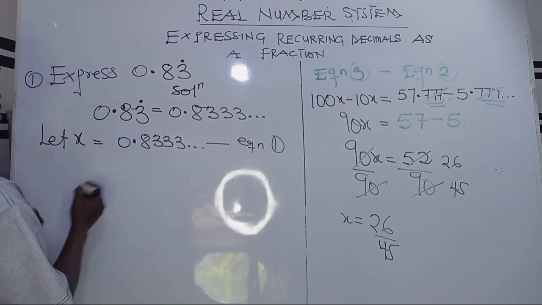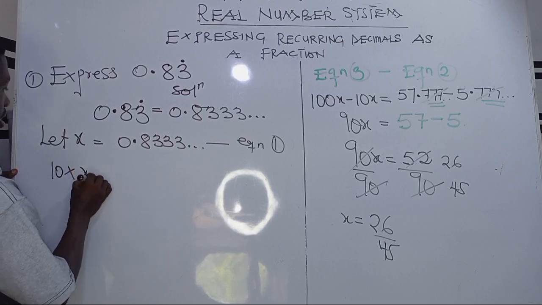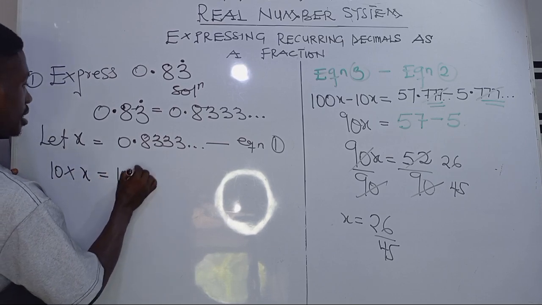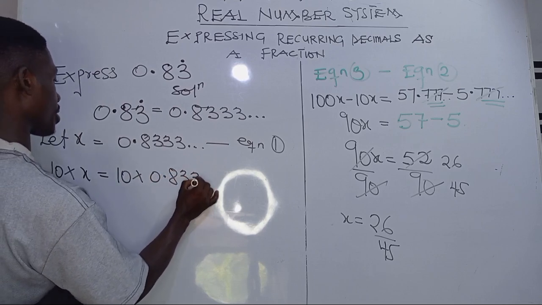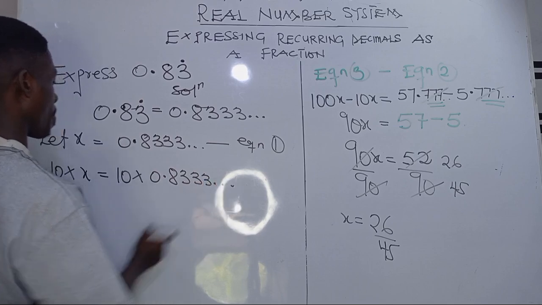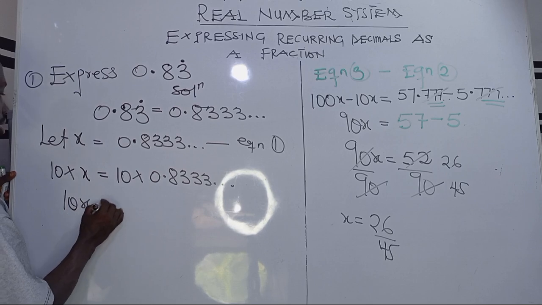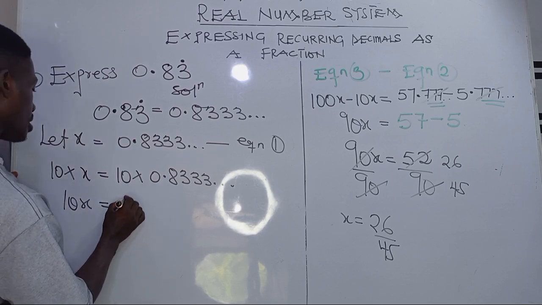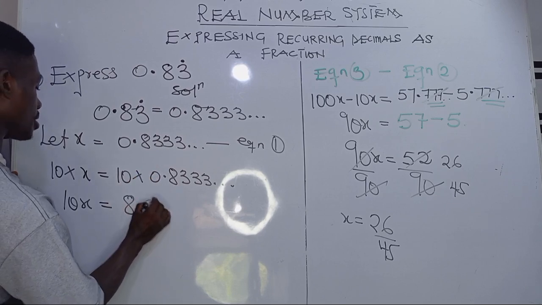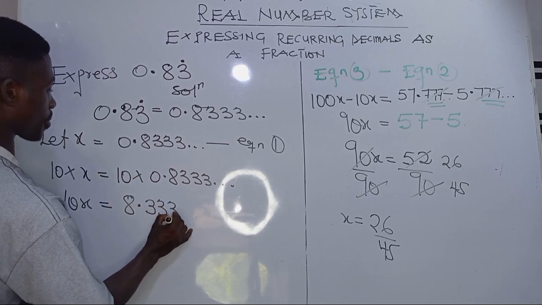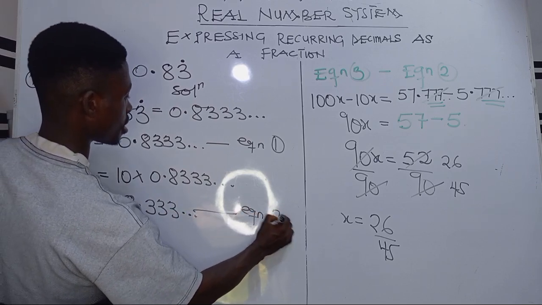So we have 10 times x is equal to 10 times 0.8333. Then we simplify. 10 times x will give us 10x, and 10 times this will give us 8.333 up to infinity, and then we call it equation 2.